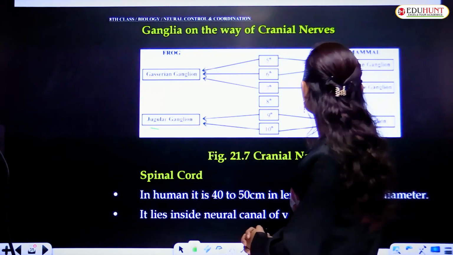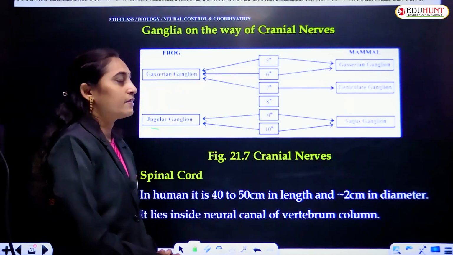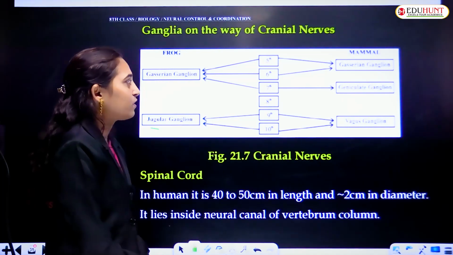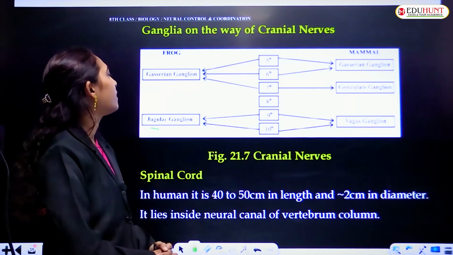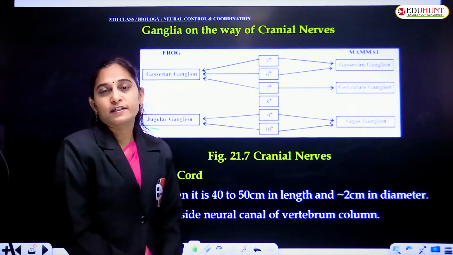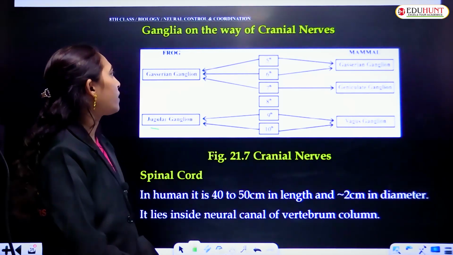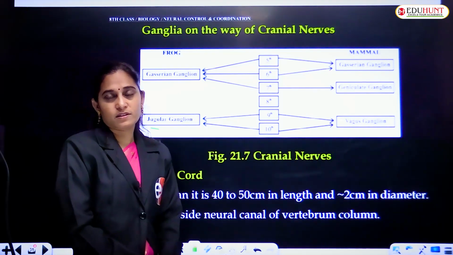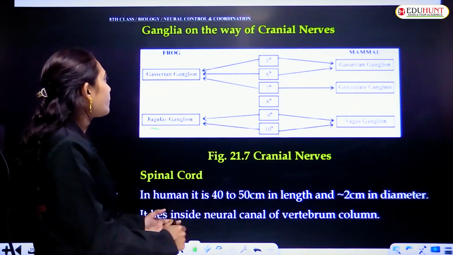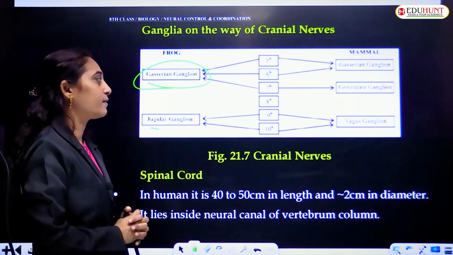And in mammals, the 5th and 6th form the Gasserian ganglion, and the 7th one, which is not there in frog, is called the geniculate ganglion. In frog, all of the 5th, 6th and 7th form the Gasserian ganglion.